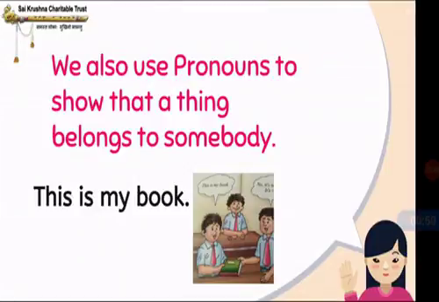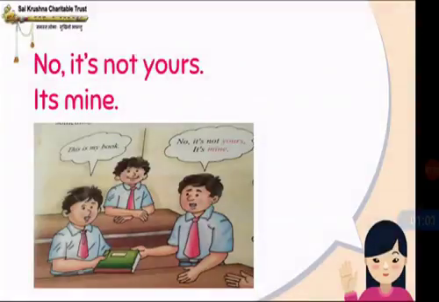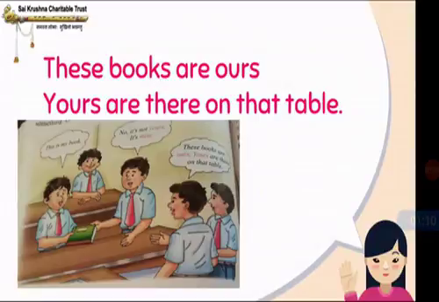So let's look at these sentences. The first sentence is, this is my book. Next, no, it's not yours, it's mine. You can see the picture also here. These books are ours, yours are there on that table.